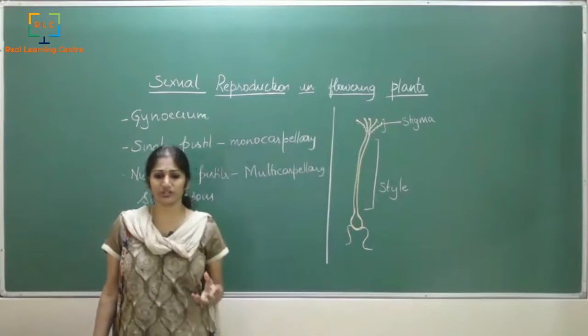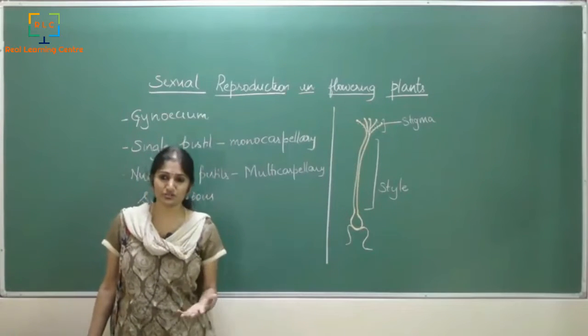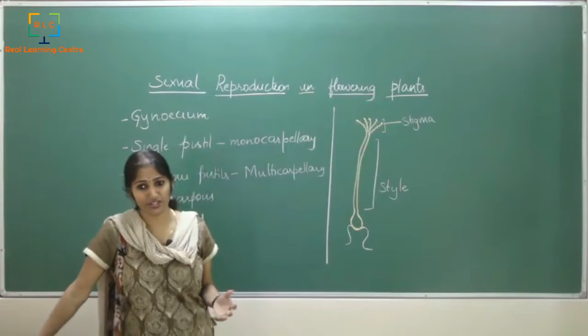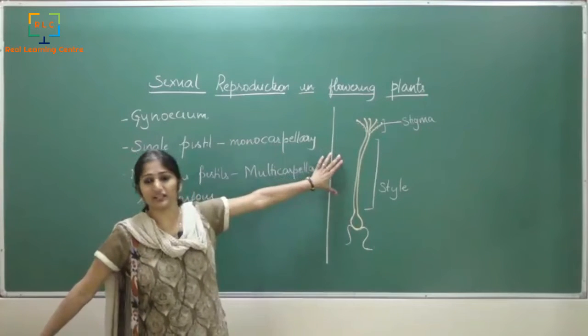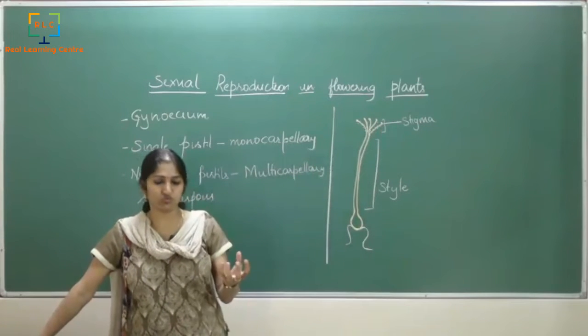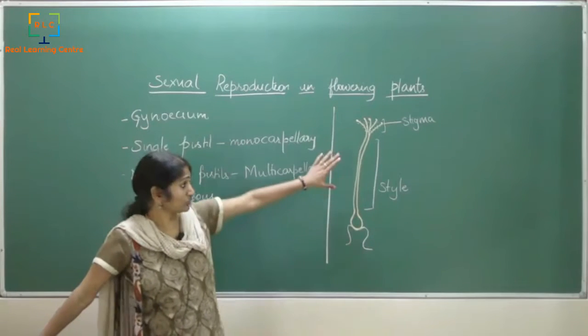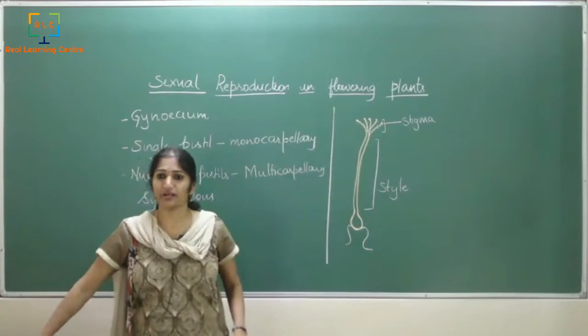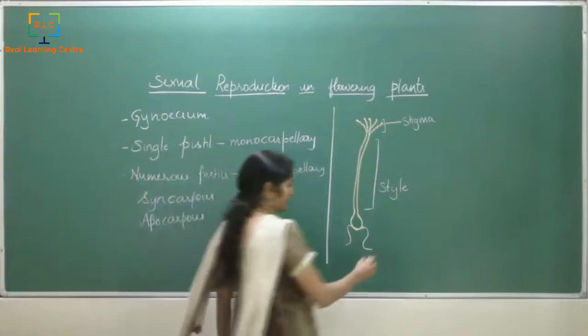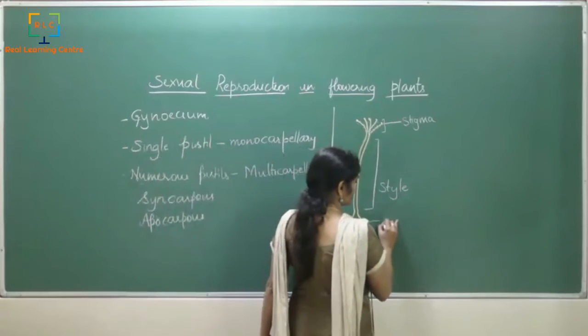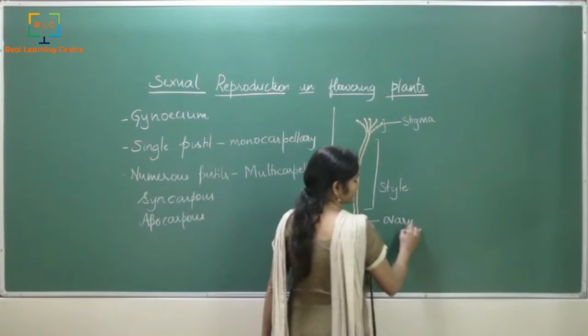We said the pollen is giving rise to gametes; it's not the gametes by itself. This style provides an environment for the pollen to start dividing. So the style is very important, and then at the base we have this region which is called the ovary.